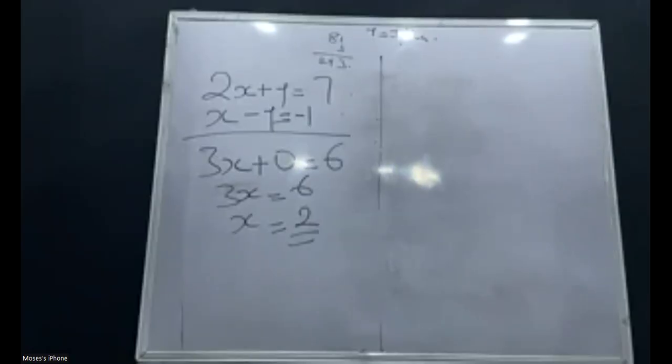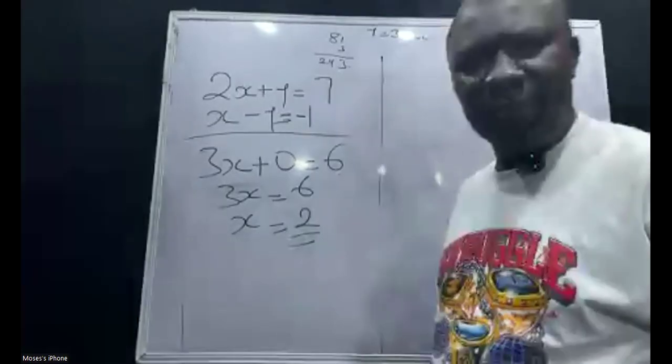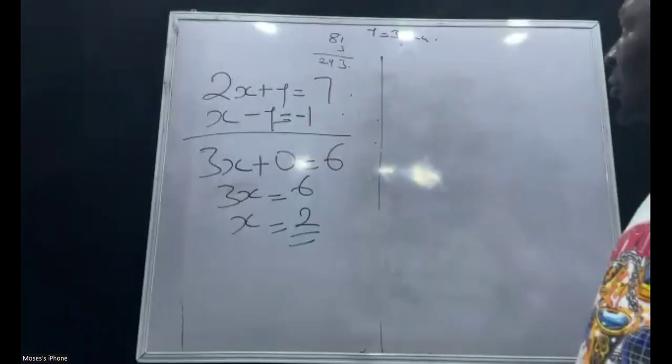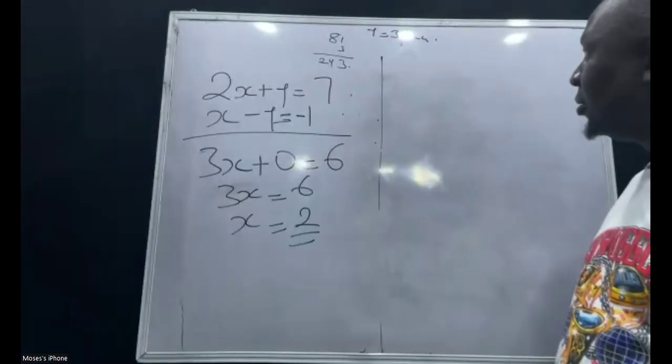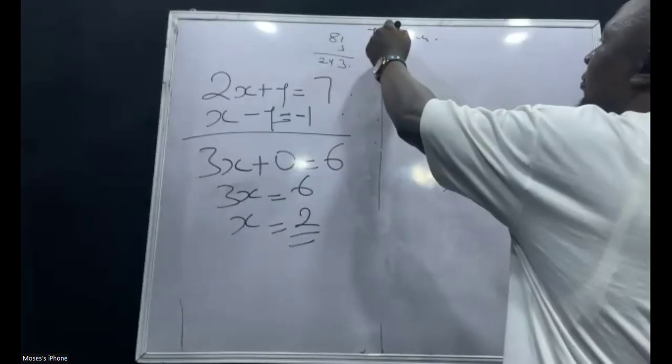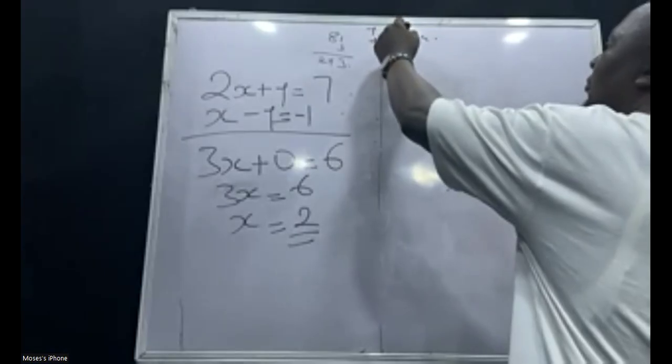Another person. What's happening now? This class is not engaging. I think I have more than 12 students. It's only Leah that is talking. Are you telling me you cannot solve? Y equals 3 for me too. Please, can you tell me your name? Y equals 3.